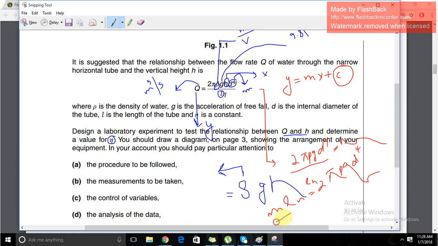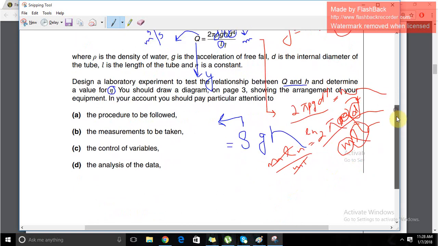So you divide both sides by m and L so that you get n on one side alone, and this is the formula you need to put in. This is 2 pi into density into acceleration due to gravity into internal diameter raised to the power of 4. Data analysis done with.